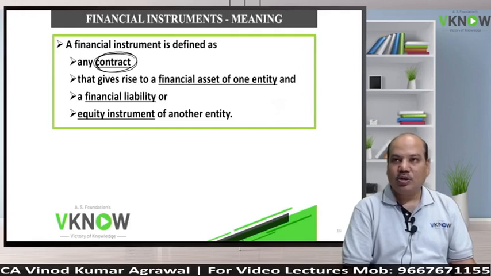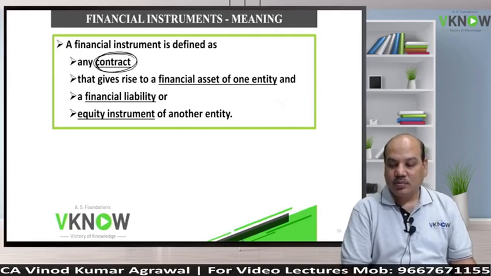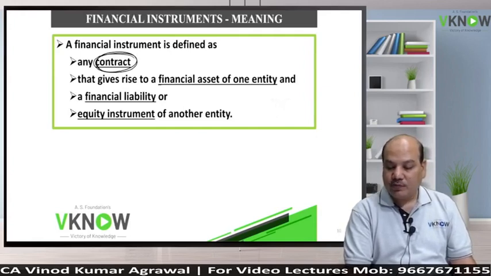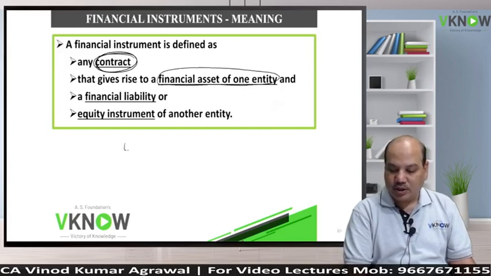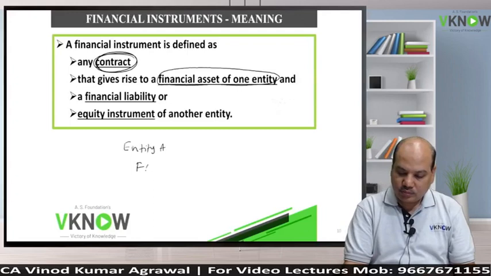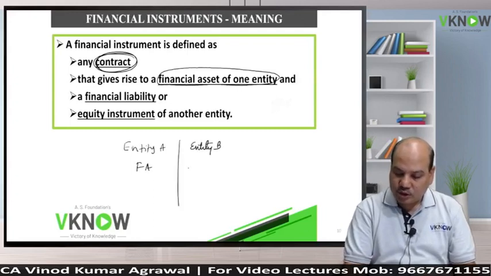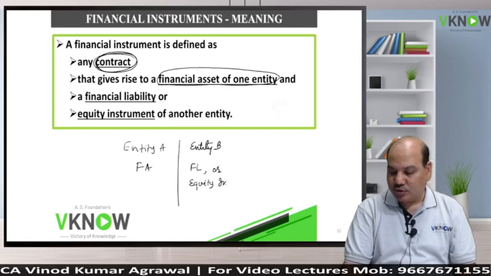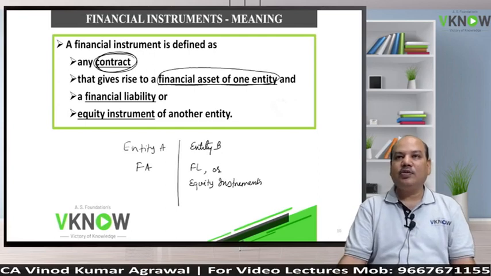It can be oral, written or implied, and that gives rise to a financial asset of one entity. So for entity A it is a financial asset, but for entity B, the other entity, it should be either a financial liability or an equity instrument.